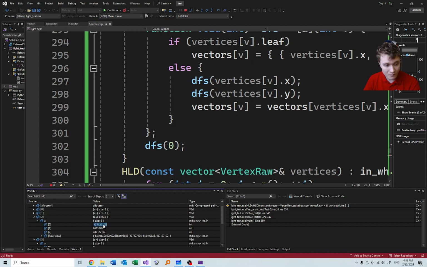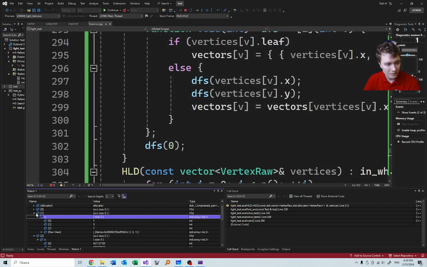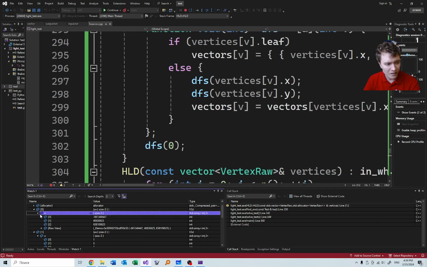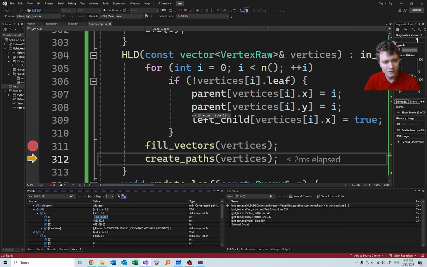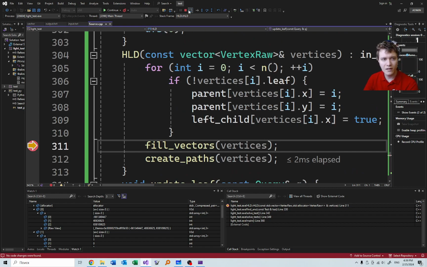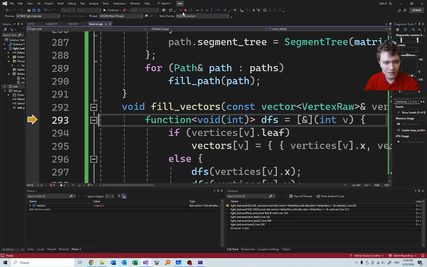Some huge numbers which shouldn't be here, I believe. And 1, 0, 1. Okay, why are there so big numbers? Maybe I think matrix multiplication is wrong.